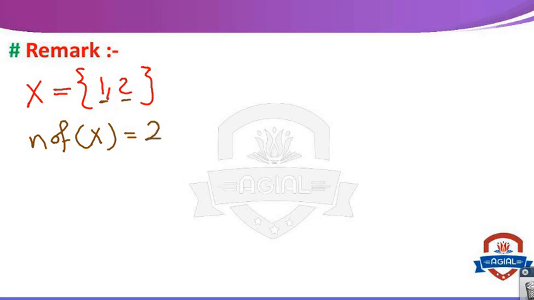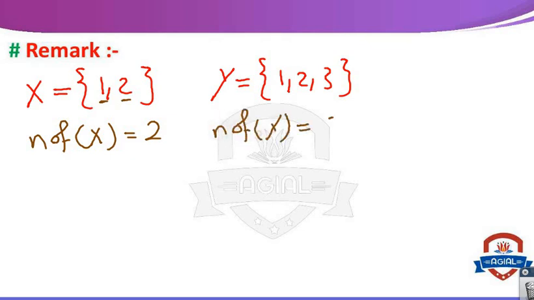And we know that Y, another finite set, is 1, 2, and 3. Then the number of elements of Y equals 3, elements of Y: 1, 2, 3.